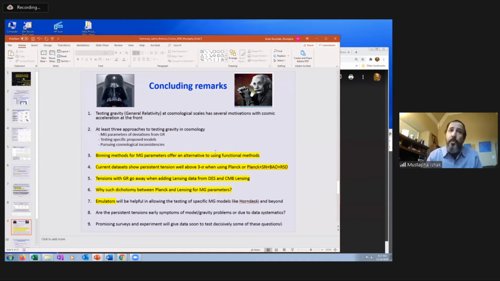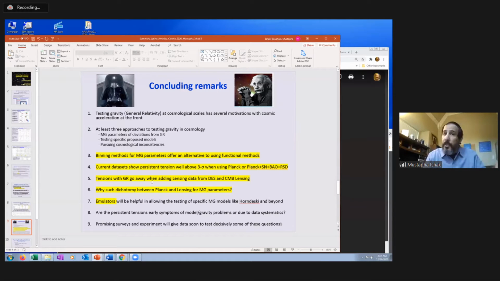So in conclusion, I did talk also about the binning methods of MG parameters that go beyond the functional methods. Another result worth mentioning is this inconsistency or tension between GR and Planck, mostly driven by Planck.